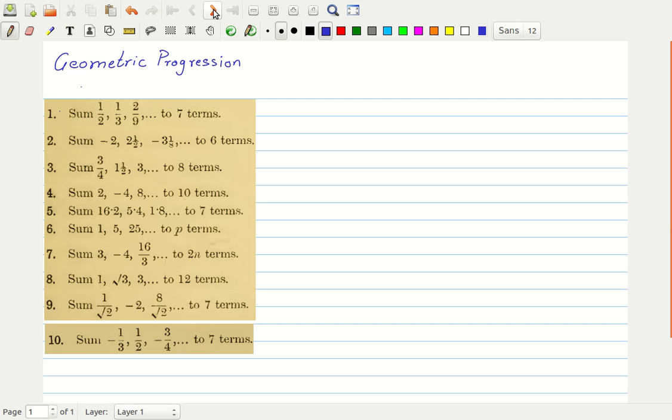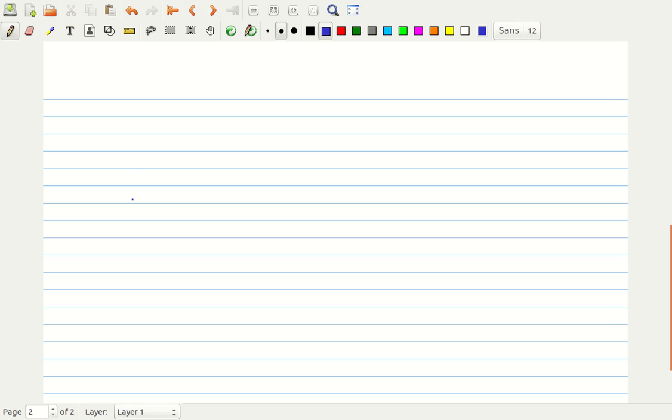Geometric progressions are, for example, if your sequence S has first term A, then the second term is A times R, the third term is A times R square, the fourth term is A times R cube, and similarly the nth term is A R to the power n minus 1.